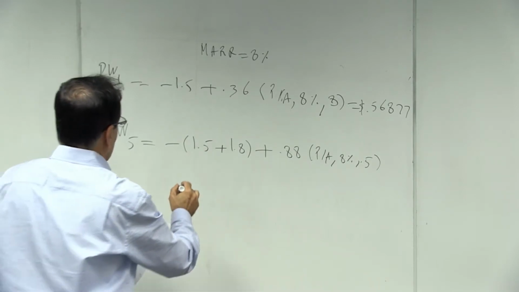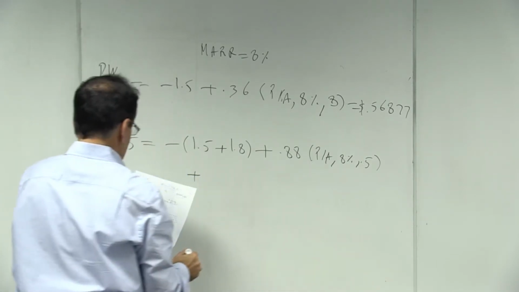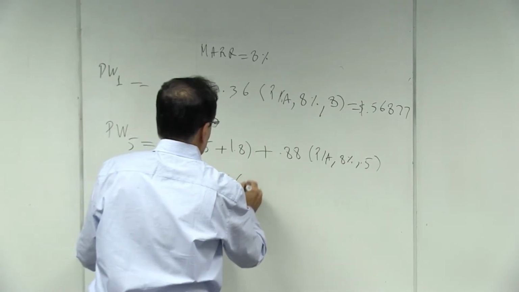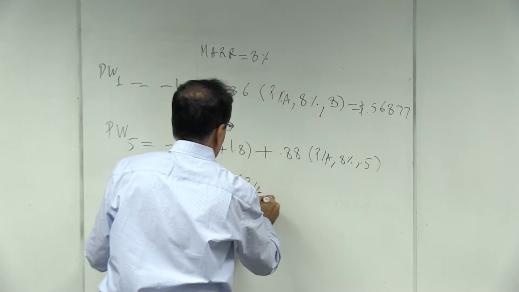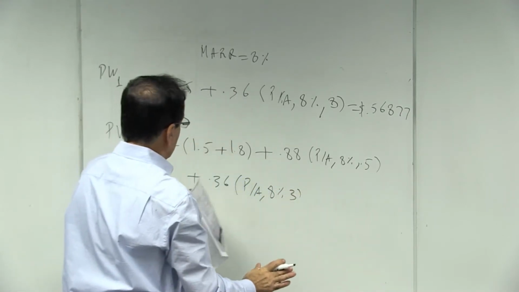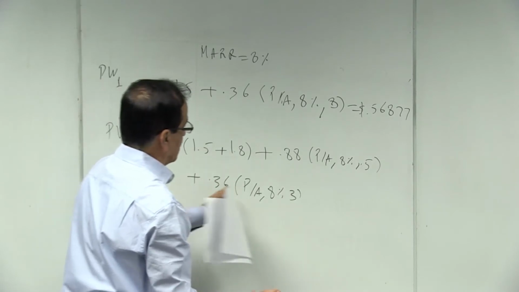Now, we're going to add $0.36 million times P given A, 8%, and 3 years, because after year 5, alternative number 1 continues for 3 more years.